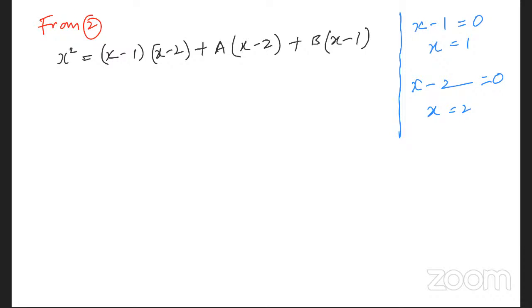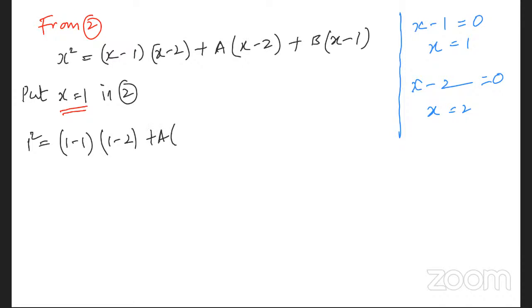Now put x is equal to 1 in the above equation. We have called that equation 2. Let us see what we are going to get. 1 square is equal to (1 minus 1)(1 minus 2) plus a(1 minus 2) plus b(1 minus 1).